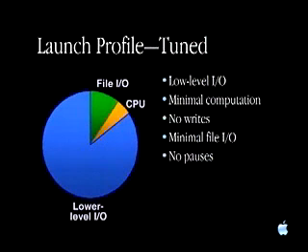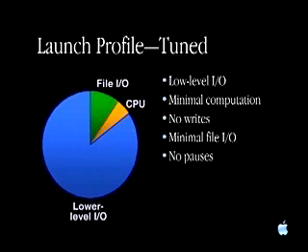Here's the profile of a tuned app. Now, both of these are what I explained before as a cold launch. This one you can see has a lot more low-level I/O, and that's good because that's the best case for us.